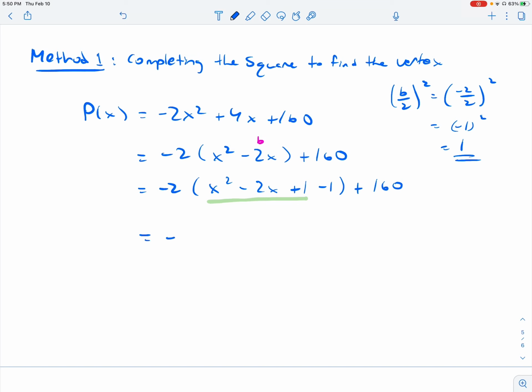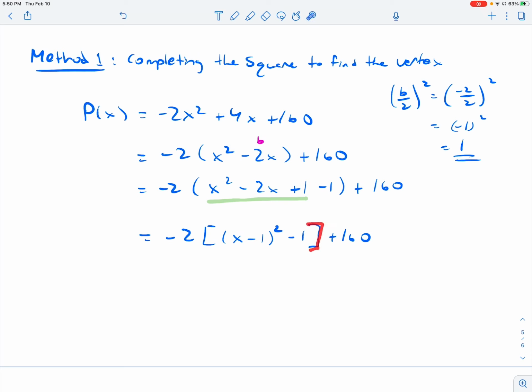So we'll do minus 2, I'm going to write my square bracket in, and now I'm going to factor this. So we would have x minus 1 squared. And then we have our negative 1, which I'll write in. Close up the square bracket, and then we have plus 160.